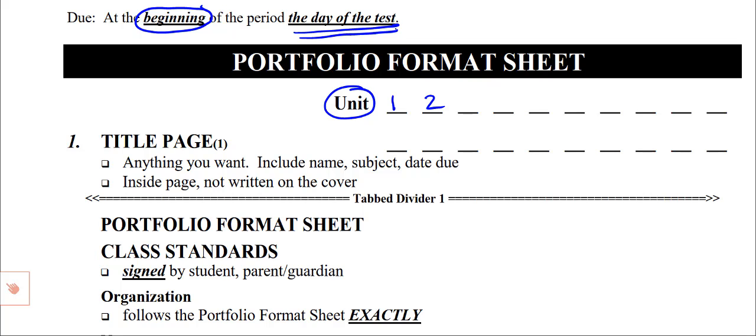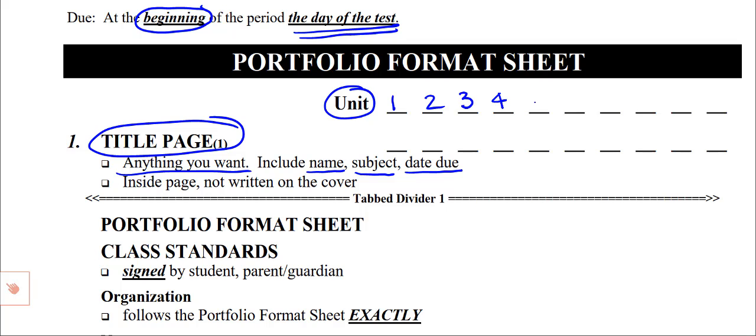So, at the beginning of the portfolio, you have a title page, anything you want, computer graphic, crayons, I don't care. Just make sure your name's on there, math analysis, and the date that it's due. Now, we have more than one due date.